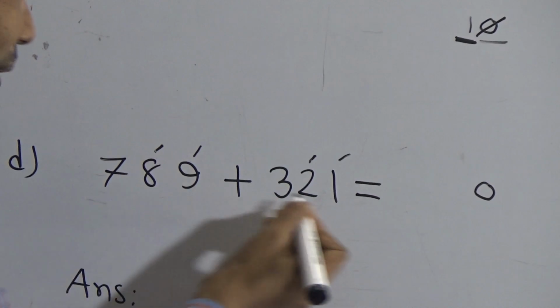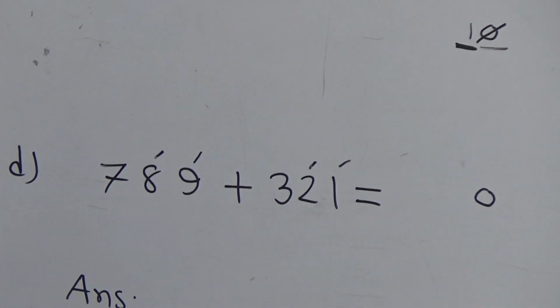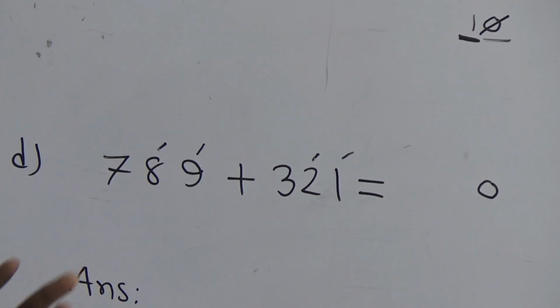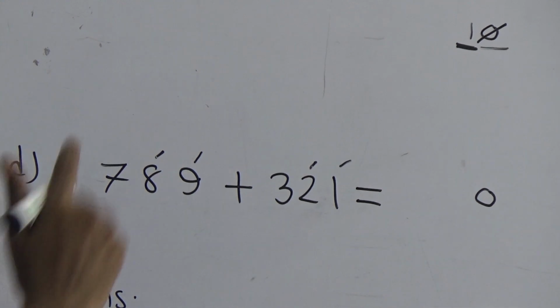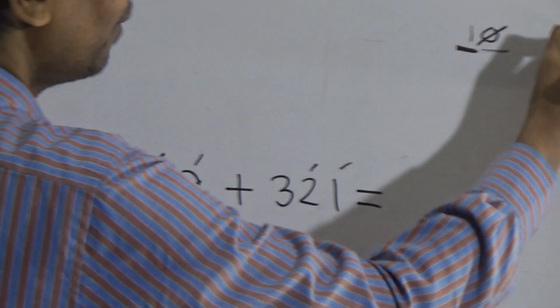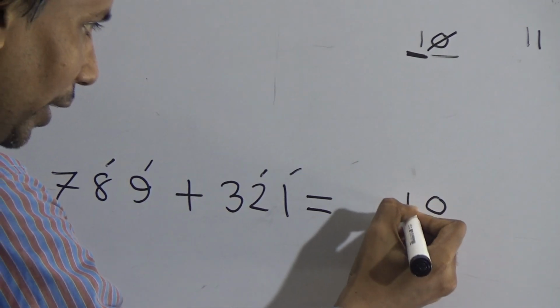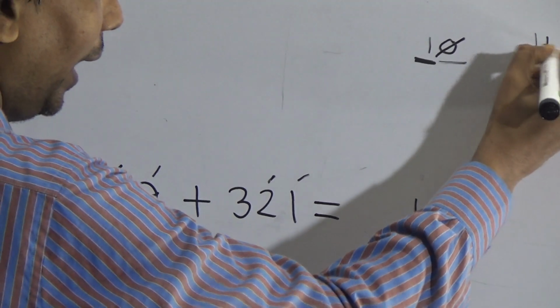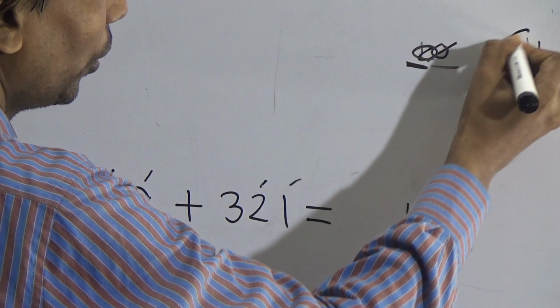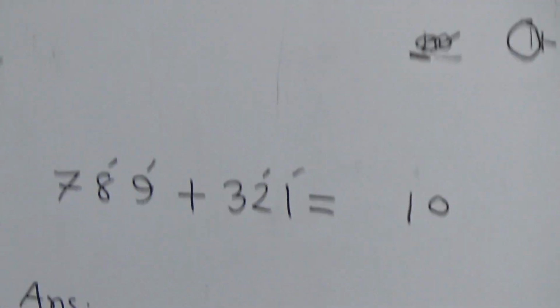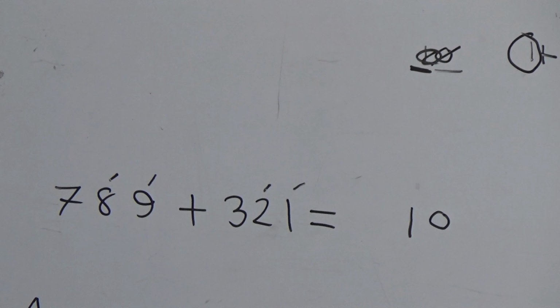That means 8 plus 2 equal to 10. And you have 1 in your hand. That means 10 plus 1, that means 11. So you put here only 1 and 1 in your hand.